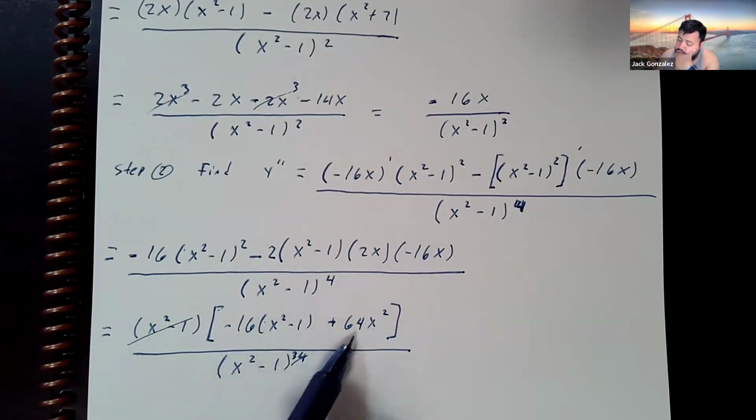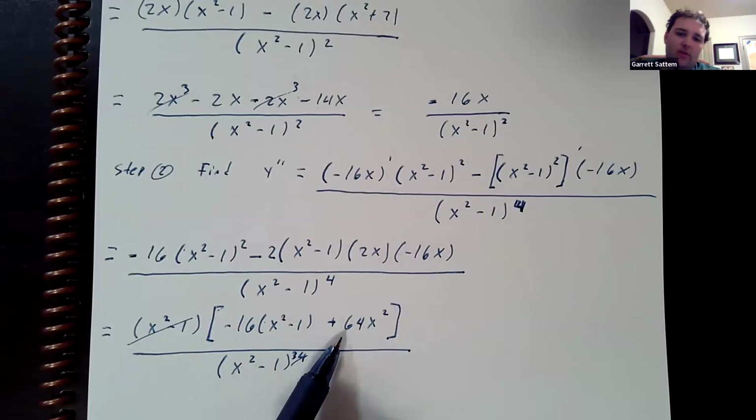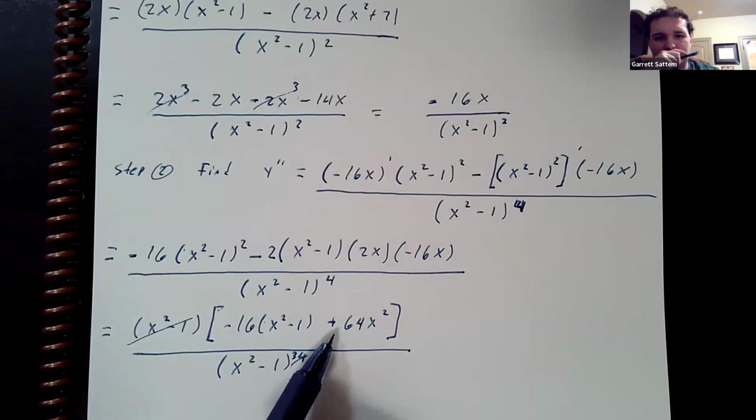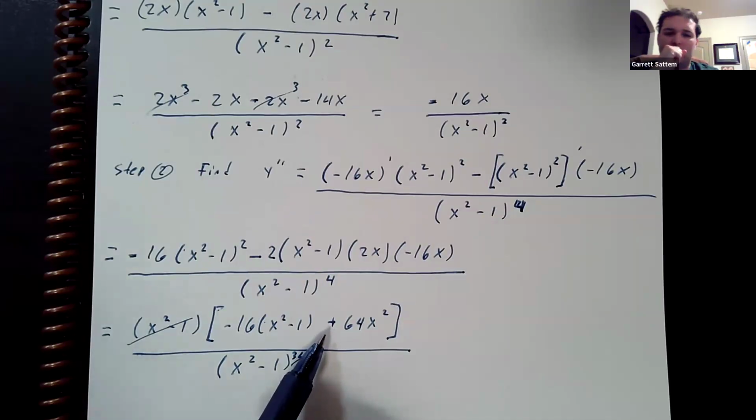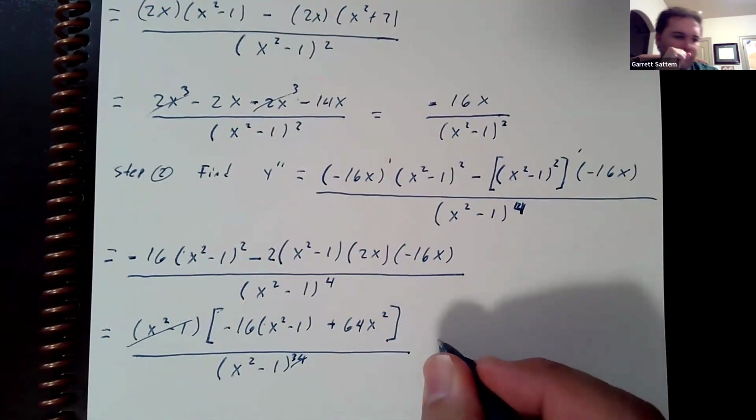Negative 16 plus 64. What's that going to be? That's going to be 36. 64 minus 16? I think that's 32.